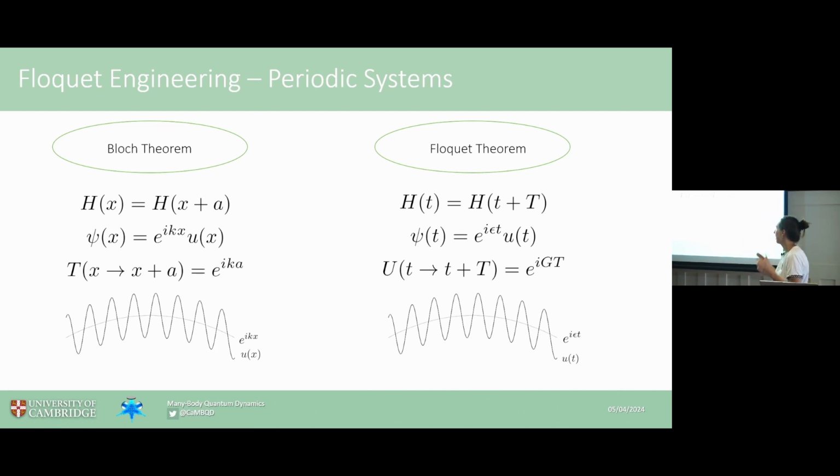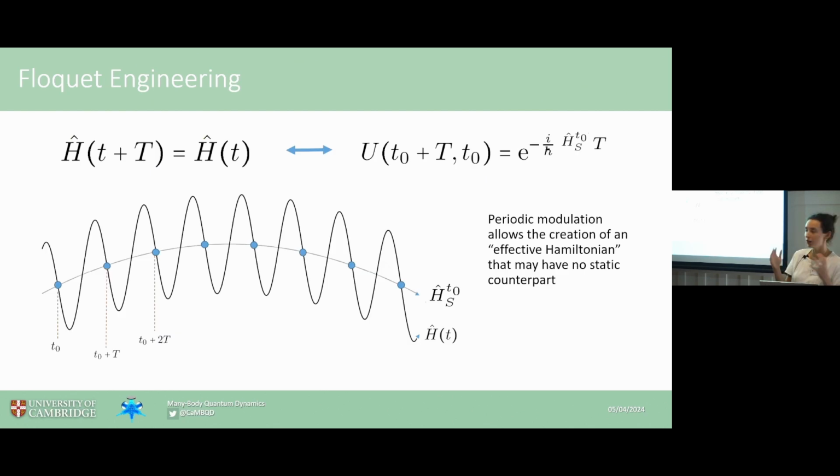So this means that if you were to look at this time-dependent system stroboscopically in units of your drive, capital T, then all you see is this phase. And that means that you can look at the system as evolving under a new time-independent stroboscopic Hamiltonian, which I've labeled H_ST0.